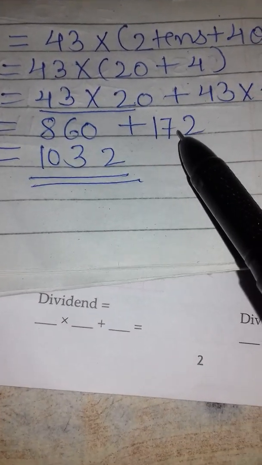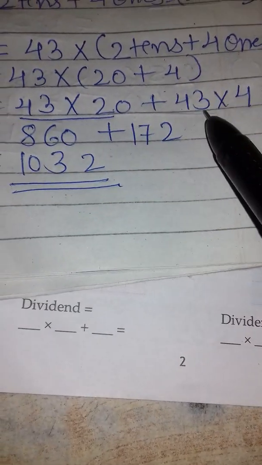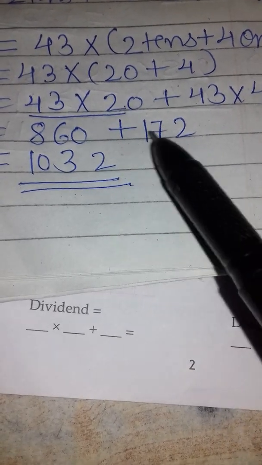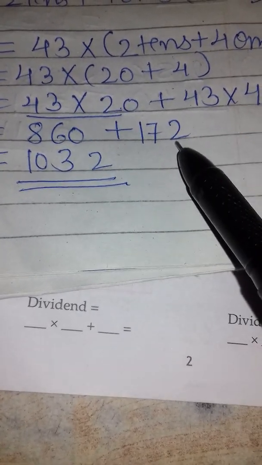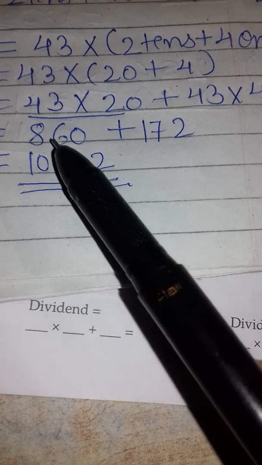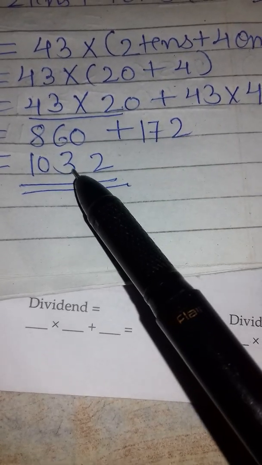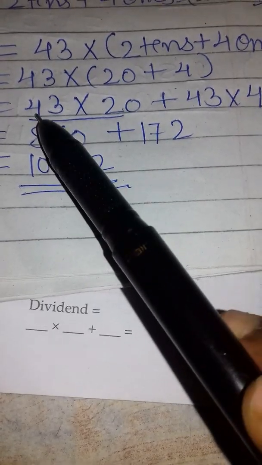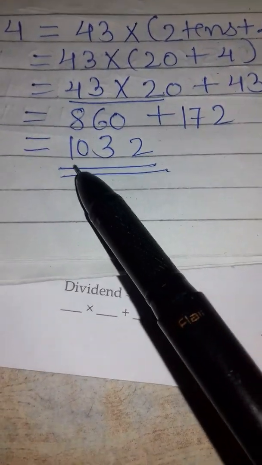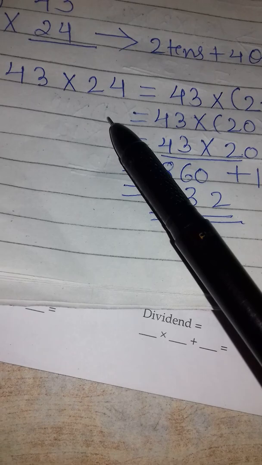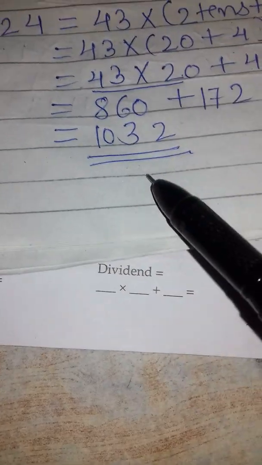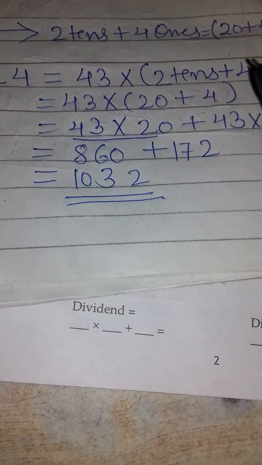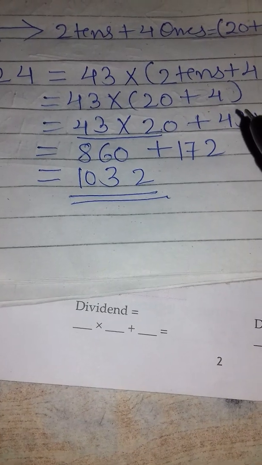Now we have got these two products. If we add these numbers, 0 plus 2 is 2, 6 plus 7 is 13, 1 carry, 8 plus 9 is 17 plus 1 is 18... So this is the product for this two-digit multiplication. Like this way we have solved. Okay students.